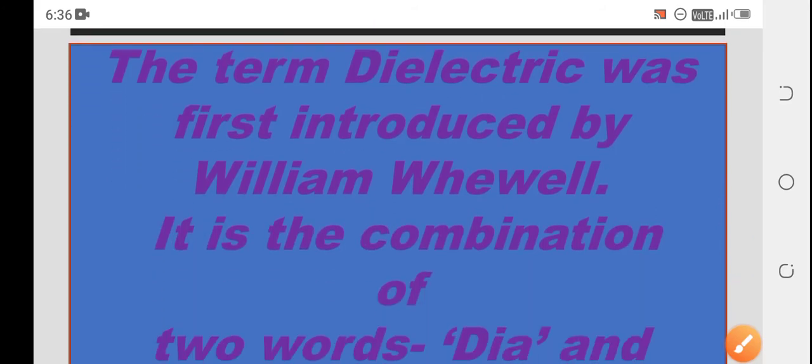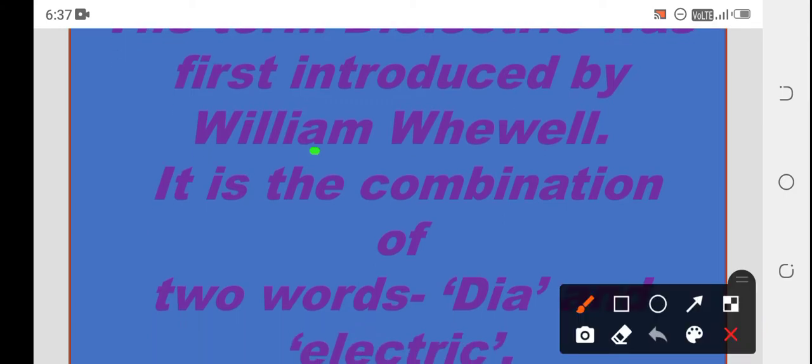The term dielectric was first introduced by William Whewell.